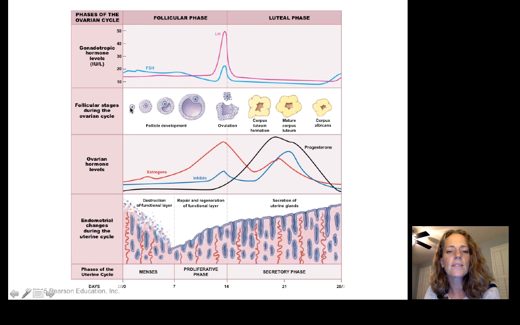So first, let's look at this diagram just in the follicles to make sure you guys are following so far. So we have the primary oocyte in a primary follicle, the secondary oocyte in a secondary follicle. That follicle will then develop into a mature follicle, and the secondary oocyte will be ovulated. The follicle will then become a corpus luteum, which secretes progesterone.